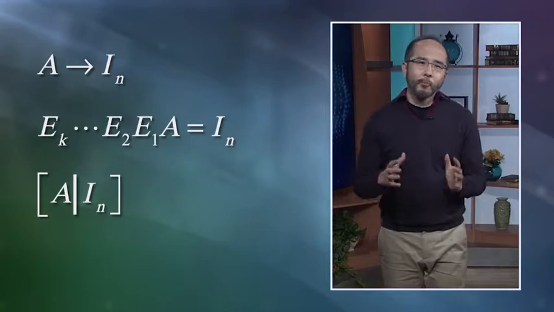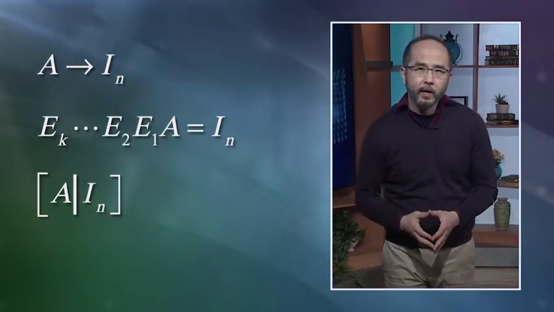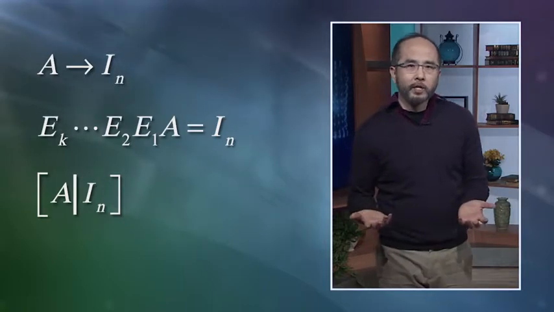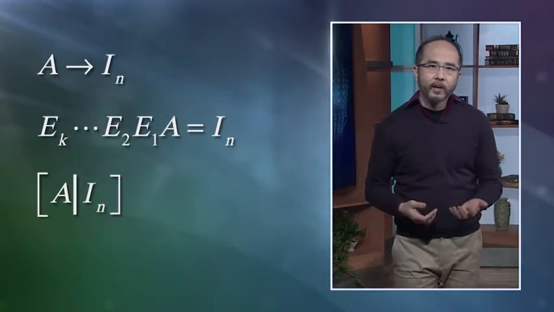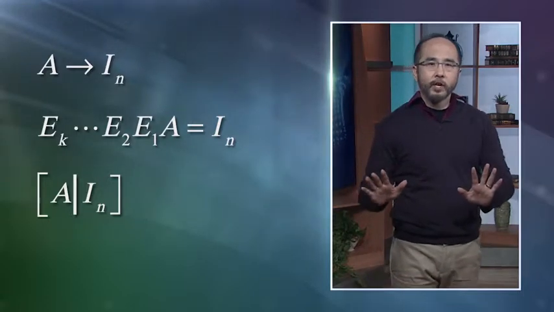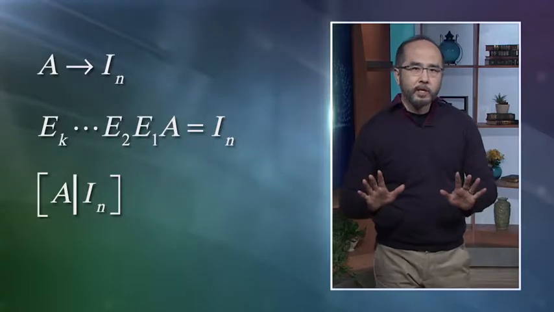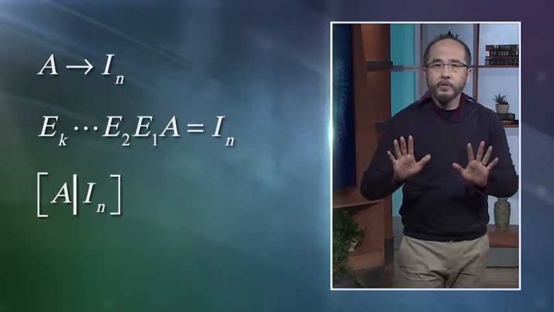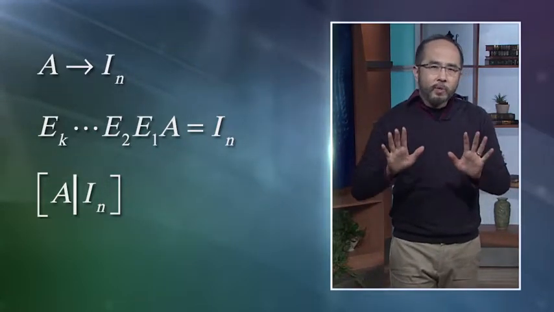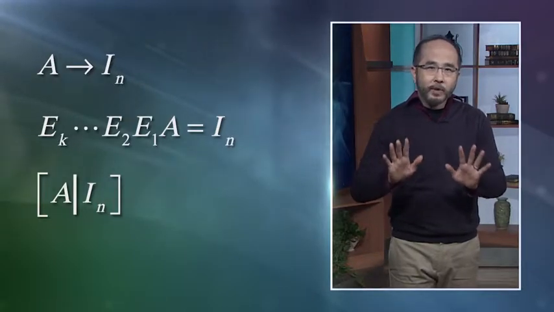And so this discussion points to a way to find the inverse of an n by n matrix A. We'll just form an augmented matrix by putting the matrix A on the left side and the n by n identity matrix on the right side of the augmented matrix. Then we will perform elementary row operations on the augmented matrix. This will, in effect, be performing multiplication of the elementary matrices on the augmented matrix.